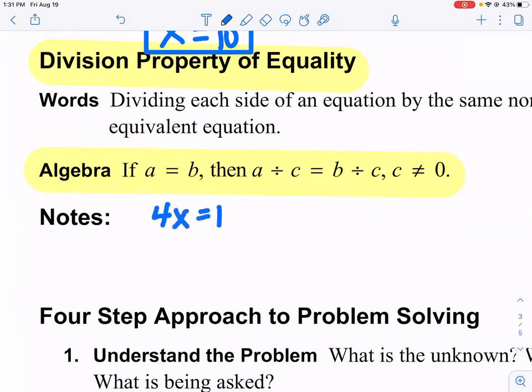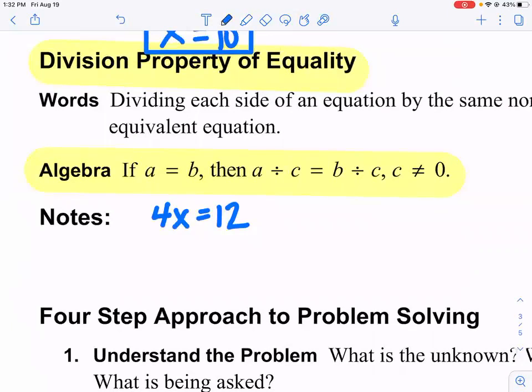This is probably one that you will use a lot as we move throughout the chapter. When we get into multi-step equations, we're going to have coefficients in front of x almost every time.